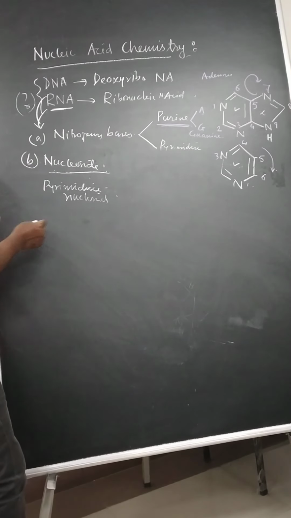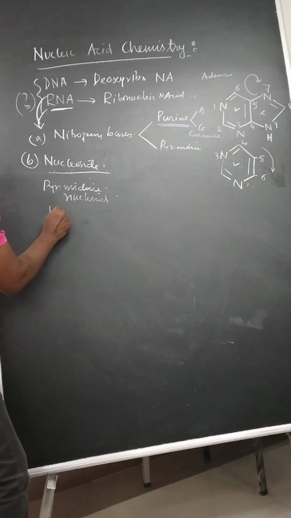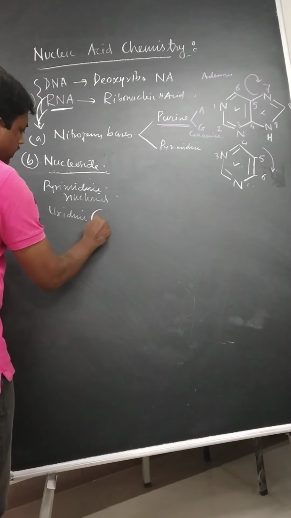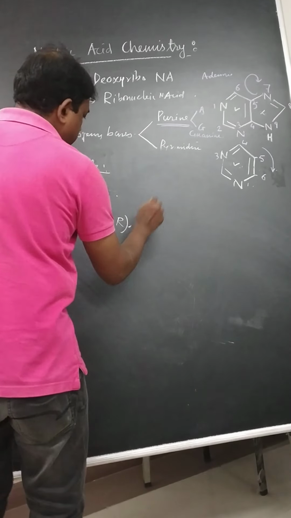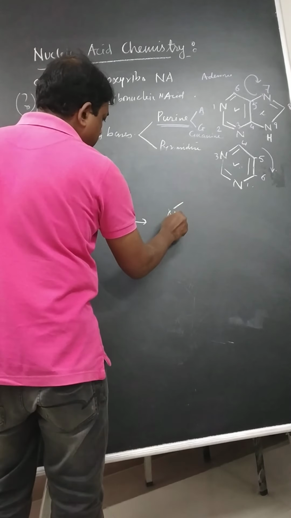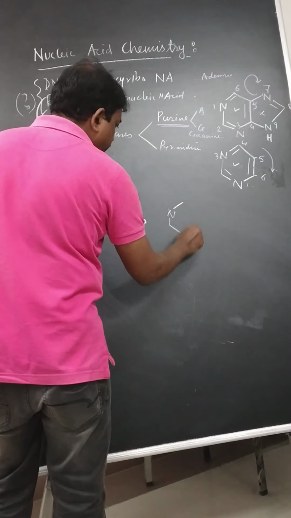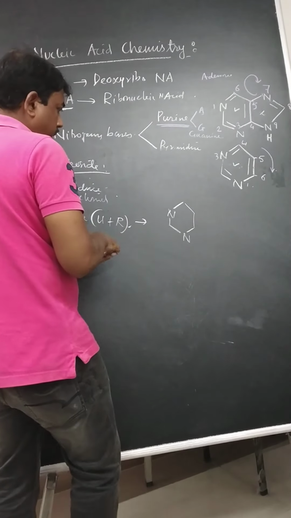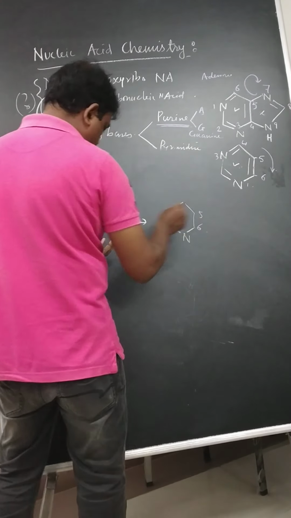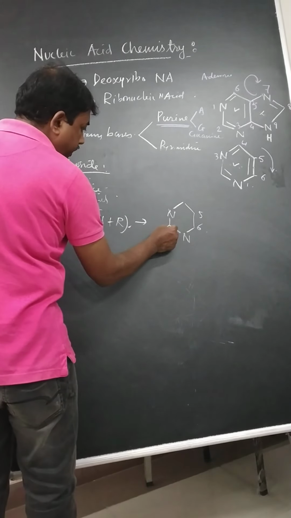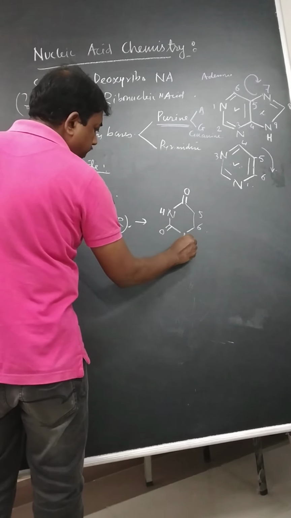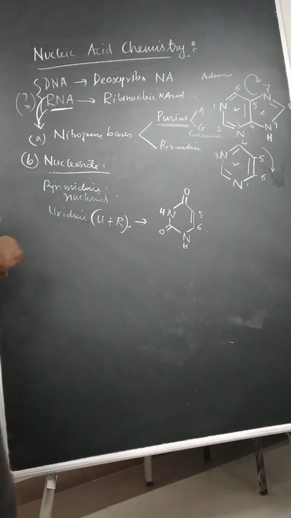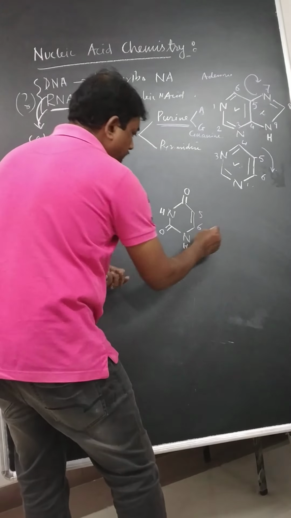So uracil plus ribose is known as uridine. Again, just draw the structure of this pyrimidine nucleus. Ascertain the positions by numbering it. Add the 2,4-dioxo groups, one each here, double bond here. So this is the uracil.